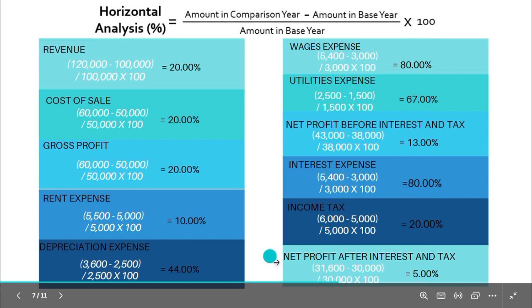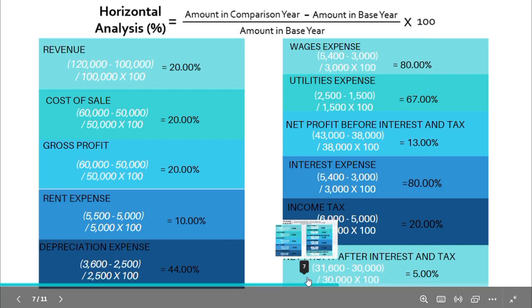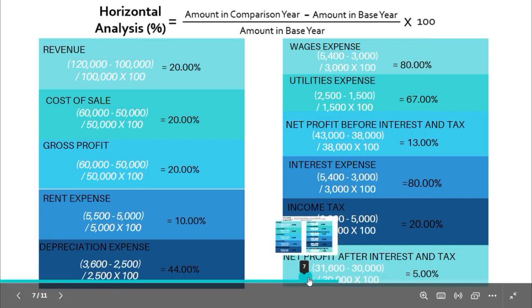For net profit after interest and tax, again, yung procedure, 31,600 yung amount in comparison year, 2003, minus 30,000 yung amount ng base year, yung 2002, divide by 30,000 yung amount ng base year, which is 2002, times 100 is 5%. So, that's how we compute the horizontal analysis.